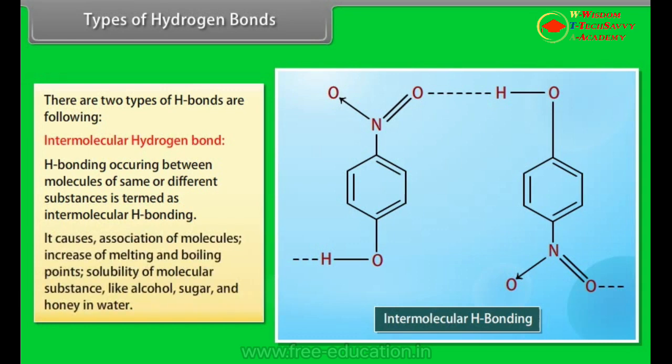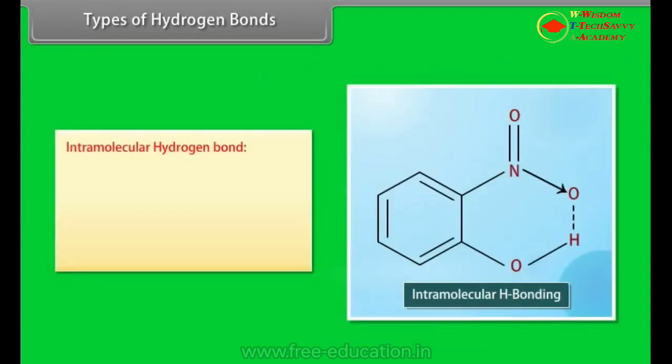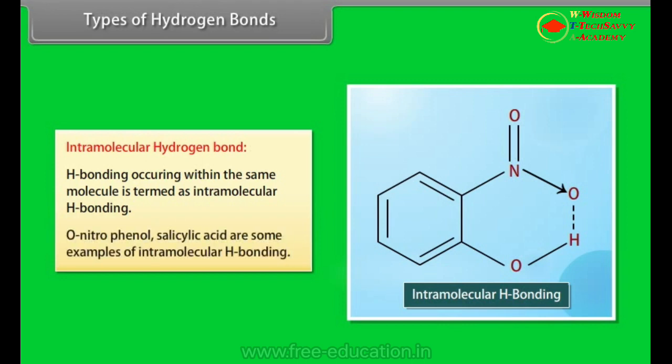It causes association of molecules, increase in melting and boiling points, and solubility of molecular substances like alcohol, sugar and honey in water. Intramolecular hydrogen bond. Hydrogen bonding occurring within the same molecule is termed as intramolecular hydrogen bonding. O-nitrophenol and salicylic acid are some examples of intramolecular hydrogen bonding.